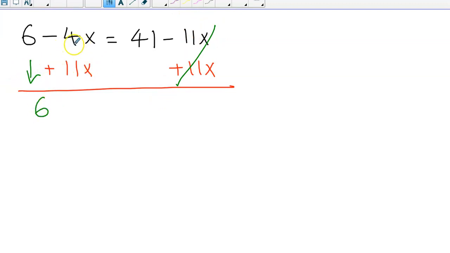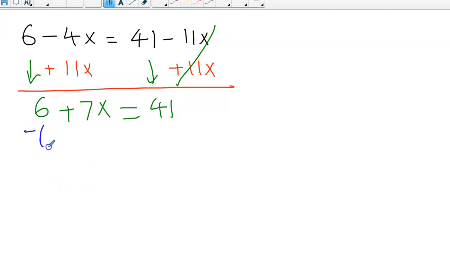Now what do you have here? Negative 4x plus 11x will give me 7x, because from 11 x's, taking away 4 x's will give you 7 x's, and bring down 41.